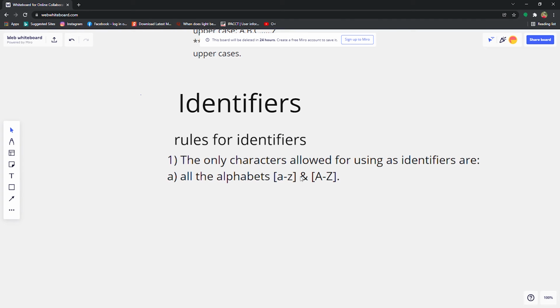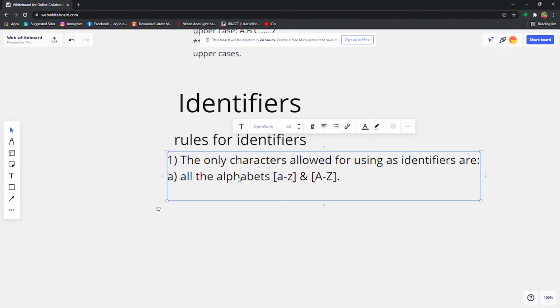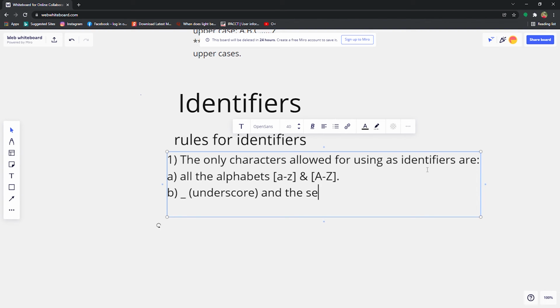Only all the alphabets, lowercase a to z and uppercase A to Z, and the other characters which are used: one is this dash, which is called underscore, and the second is dollar sign.